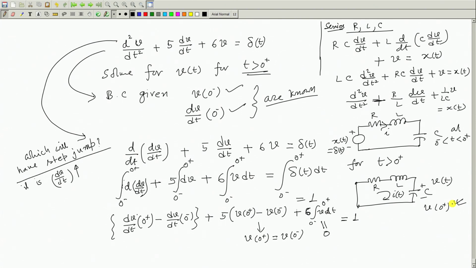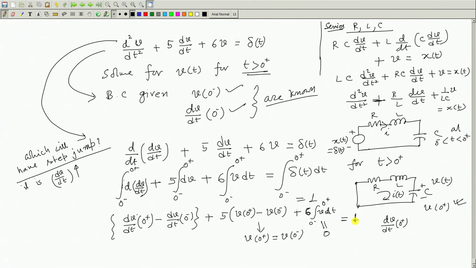Then another condition is necessary. What is that condition? That is dV/dt at 0 plus. Do I know this value? dV/dt at 0 minus is known. So dV/dt at 0 plus will be how much?